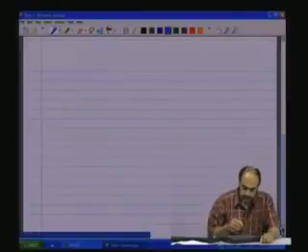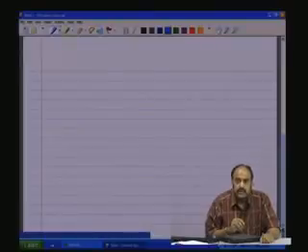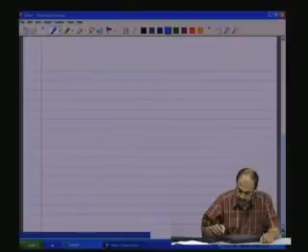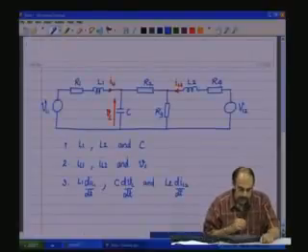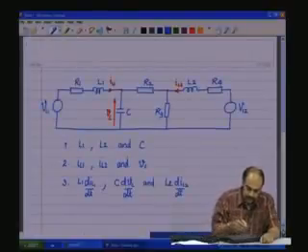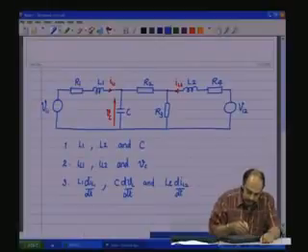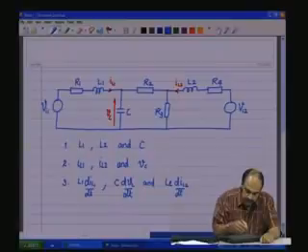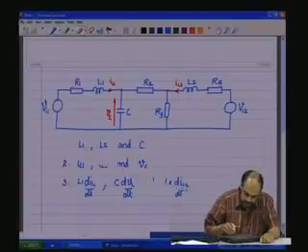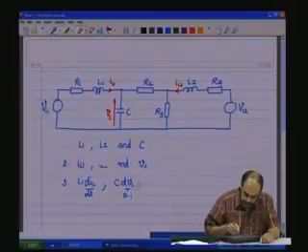Now we start formulating the equations. Let us go back to the circuit here. Let me delete these portions so that I can start writing the equation right here.